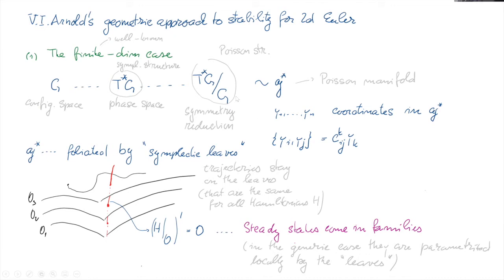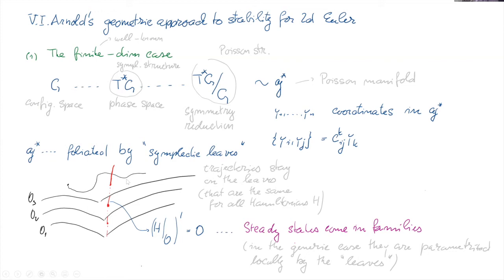One can view the Euler equation as geodesics in the manifold of volume preserving diffeomorphisms. That would be our configuration space. Then our phase space would be the cotangent space, and we make the symmetry reduction, and get the actual Euler equation on vorticities, which, however, we view as the dual of the Lie group. It's a Poisson manifold.